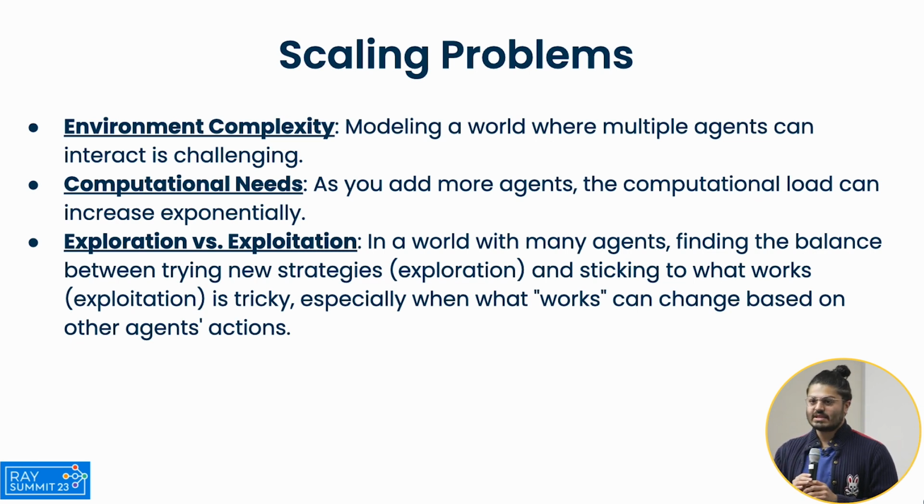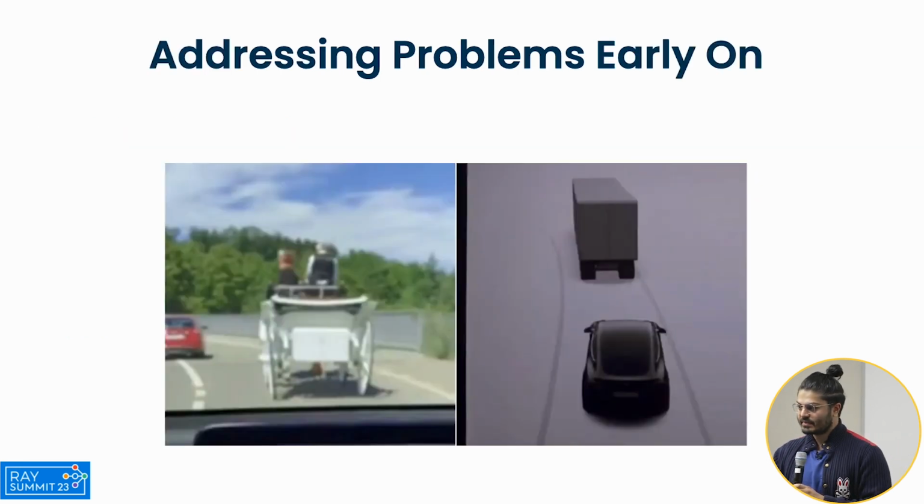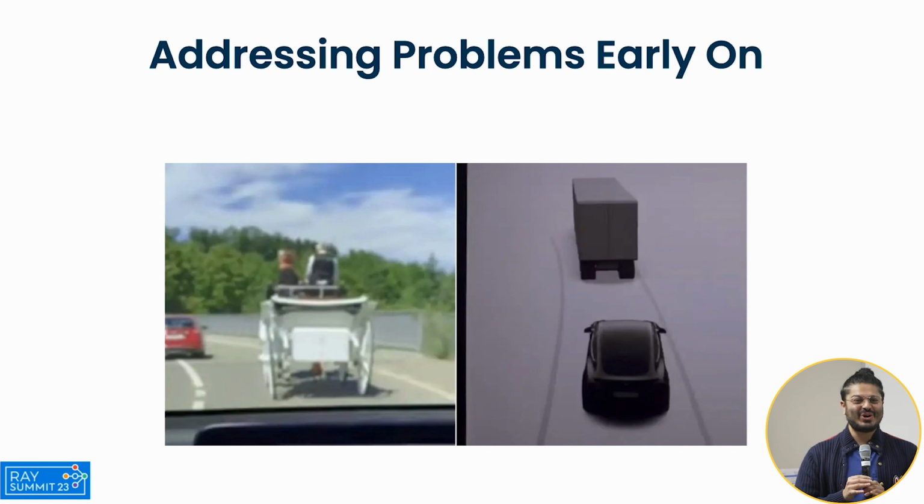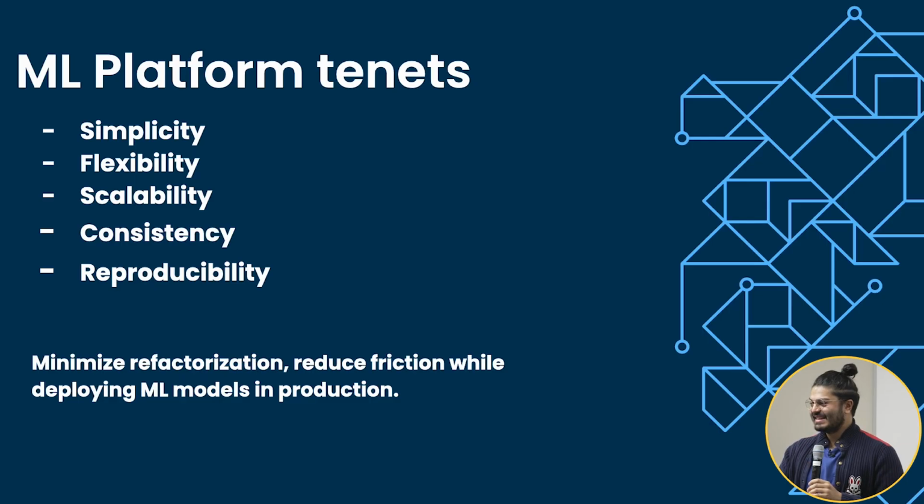And lastly, it's about learning which techniques the agents should learn such that they have a nice balance between trying new strategies for the tasks they're trying to solve, or exploiting the ones that already exist for the specific use case. And when you don't account for these different problems, you end up with autonomous vehicles that consider horse-drawn carriages as trucks. And that is something that we don't want to happen.